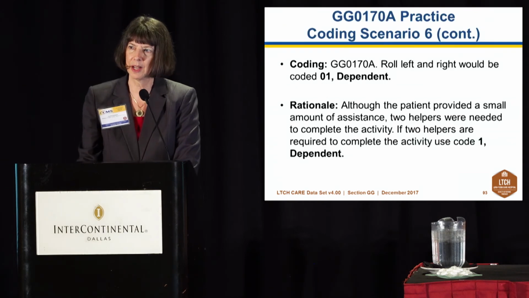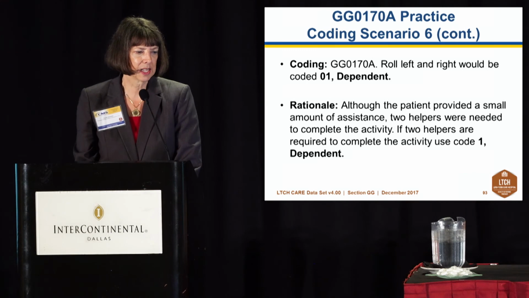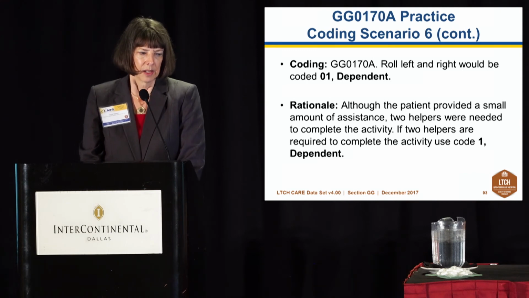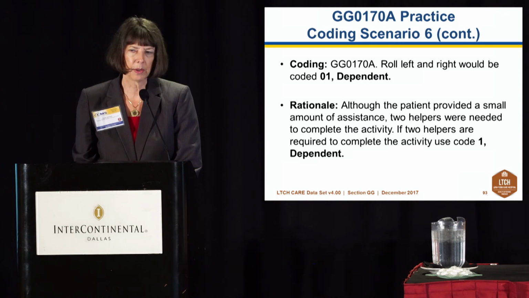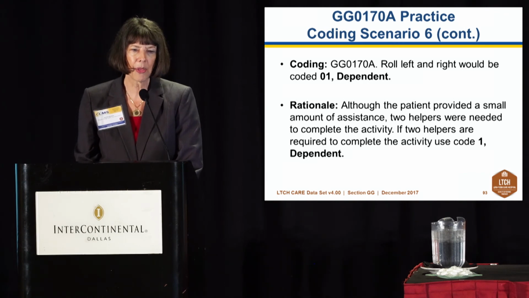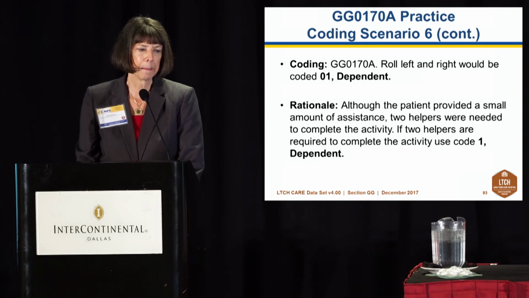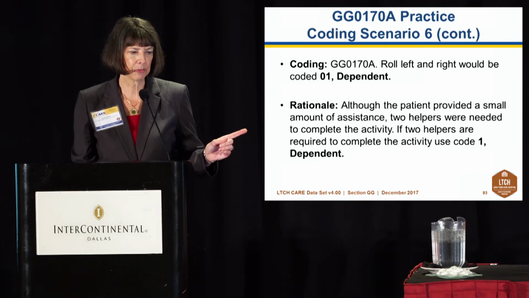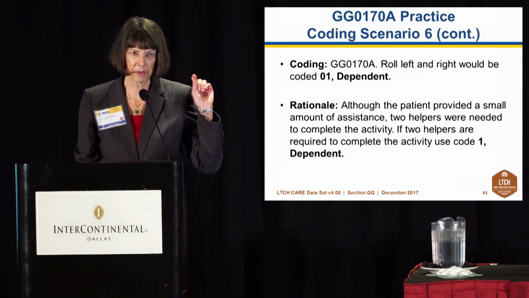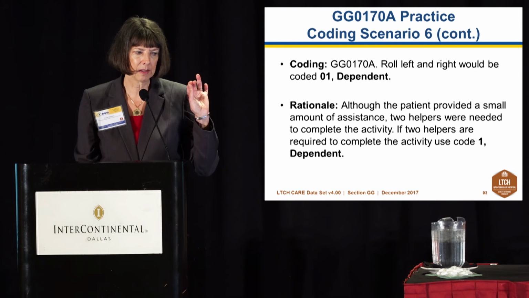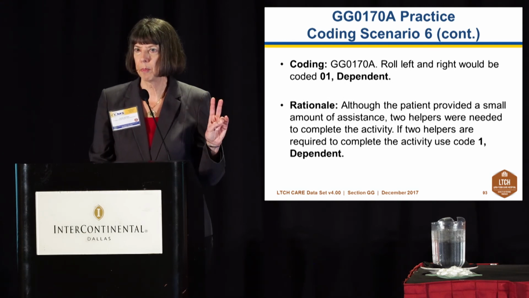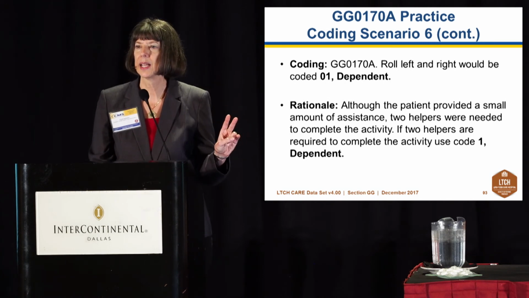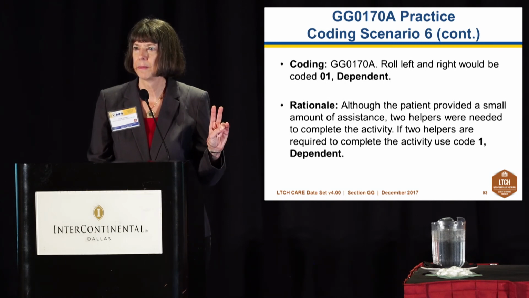So maybe this rationale, and we'll talk about it further, explains this. In terms of rolling left and right, it would be coded dependent because, and we talked a little bit about this before, if the patient provides even a modicum, a small amount of assistance, but you've got two helpers, automatically it is going to be dependent.